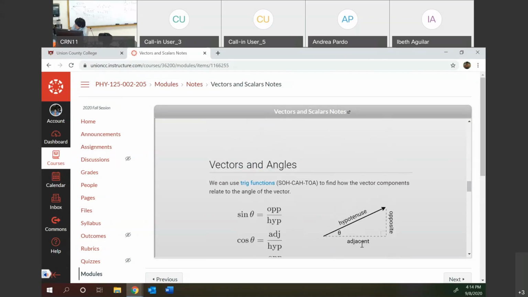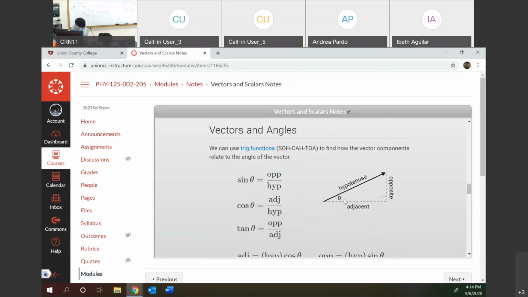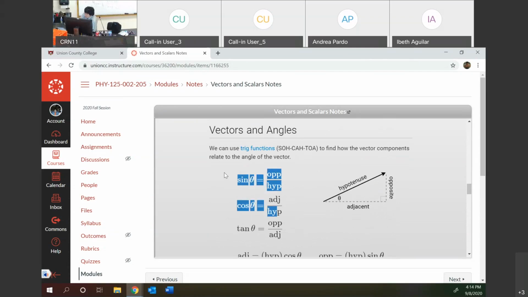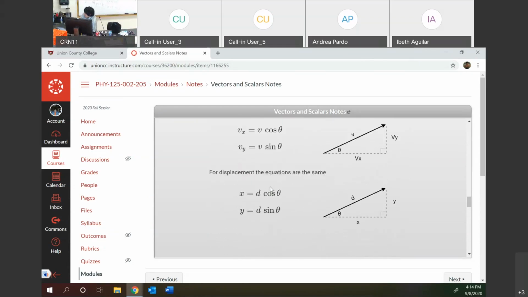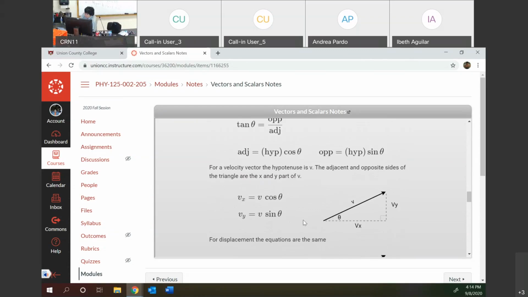So here is the vector and the angles. And here is the definition of sine, cosine, and tangent. You probably only need sine and cosine, if anything. And just in case we happen to do problems on the plane, this is what we will use, if we end up doing that.